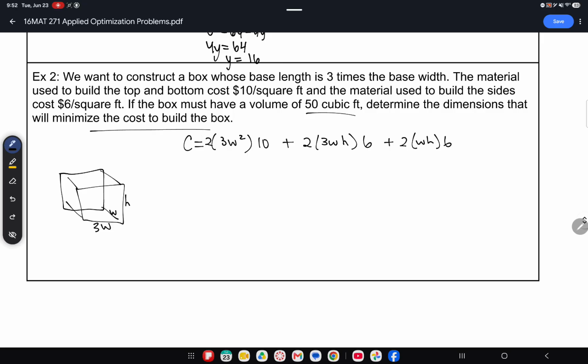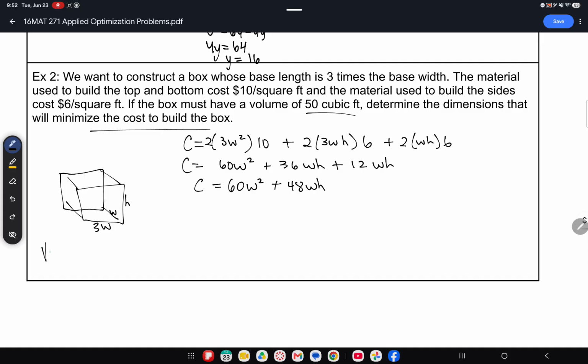But there's 2 of these, I forgot about that. All right. So then clean it up just a little bit. So it's going to be 60W squared plus 36WH plus 12WH. So really 60W squared plus 48WH. Right?